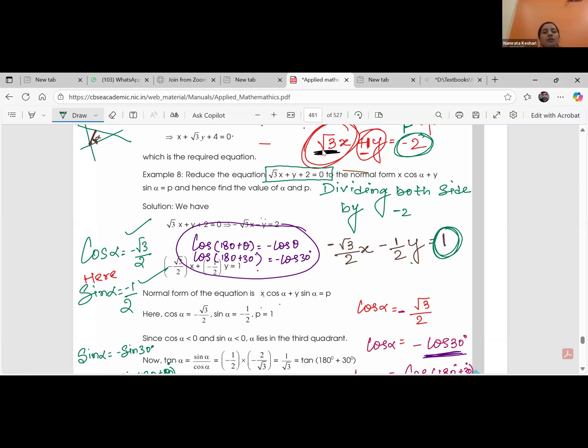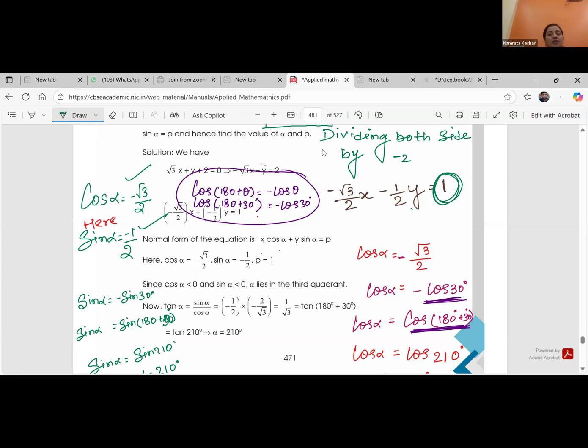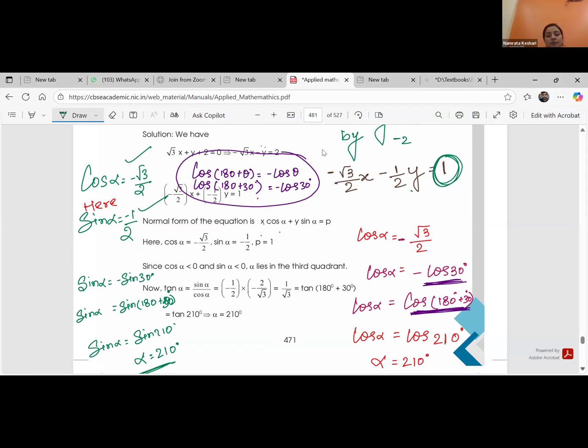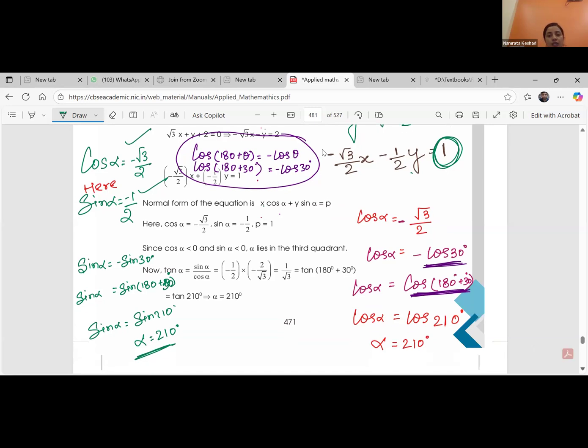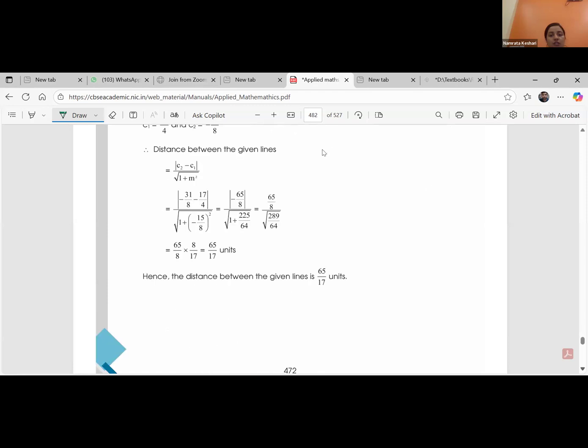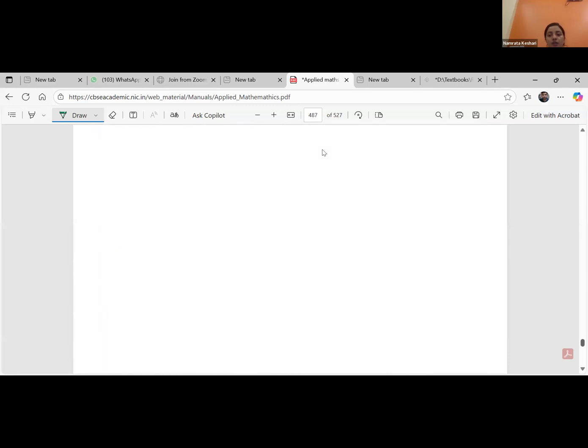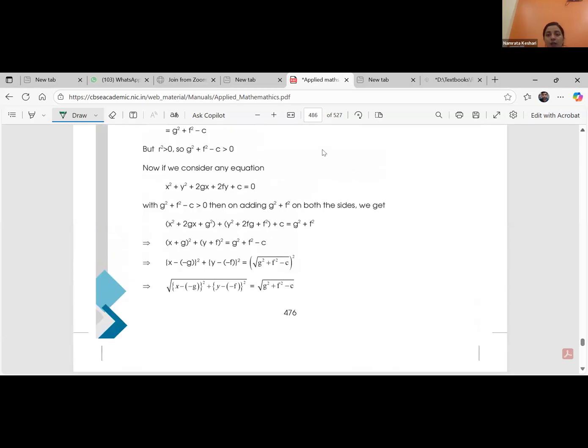Because root 3 is not there in the cosine table. Now we just use the trigonometric function formula to get 210 degree. This solution you don't have to copy, because another question is exactly the same. This is an example question. So let's do one more question exactly like this, and then you will understand what we are doing and how we are doing.